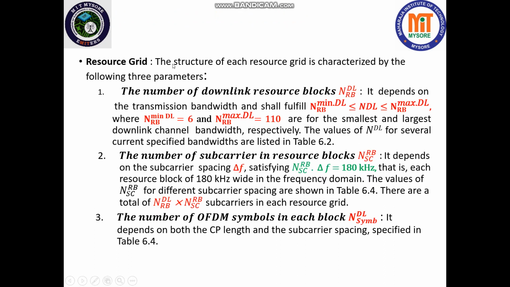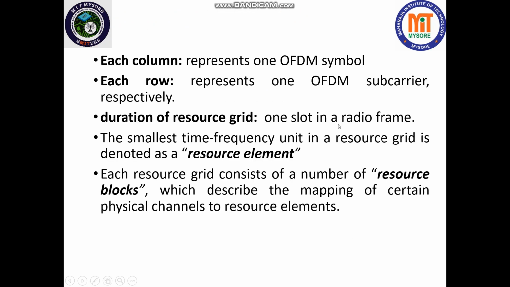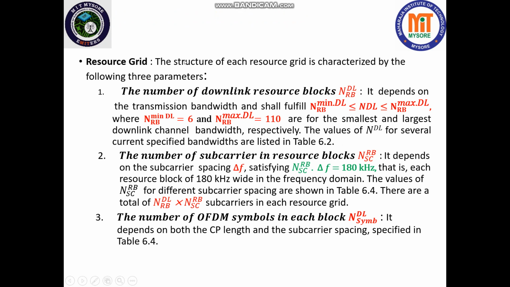Next, coming to the resource grid. This complete structure, including all the resource blocks, is called the resource grid. The smallest element in the resource grid that we assume is the resource block. Now the structure of each resource grid is characterized by the following three parameters.